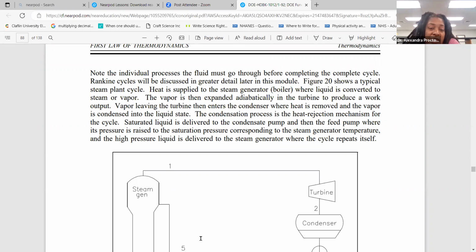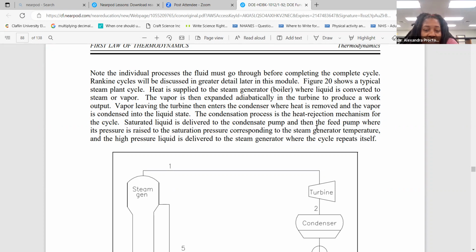Heat is supplied to the steam generator or boiler, where the liquid is converted to steam or vapor, and the vapor is then expanded adiabatically, which is one of the terms that we talked about earlier, in the turbine to produce a work output. Vapor leaving the turbine enters the condenser where the heat is removed and the vapor is condensed to a liquid state.